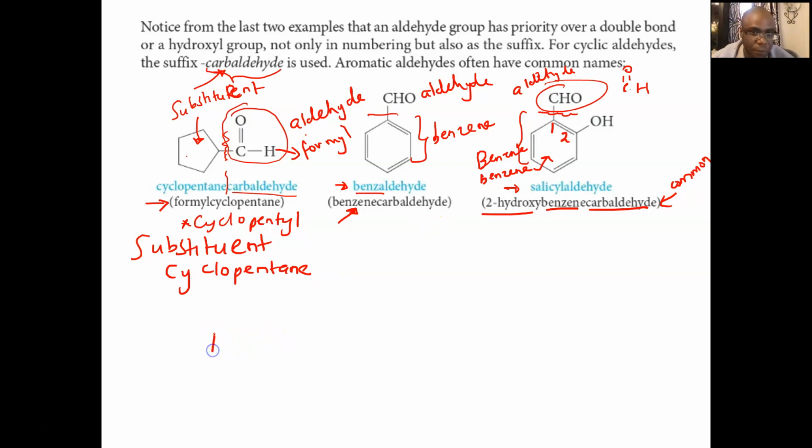So if I give you this structure right here, let's say you have a methyl. This will be carbon 1, this will be carbon 2. You don't start numbering from this carbonyl.